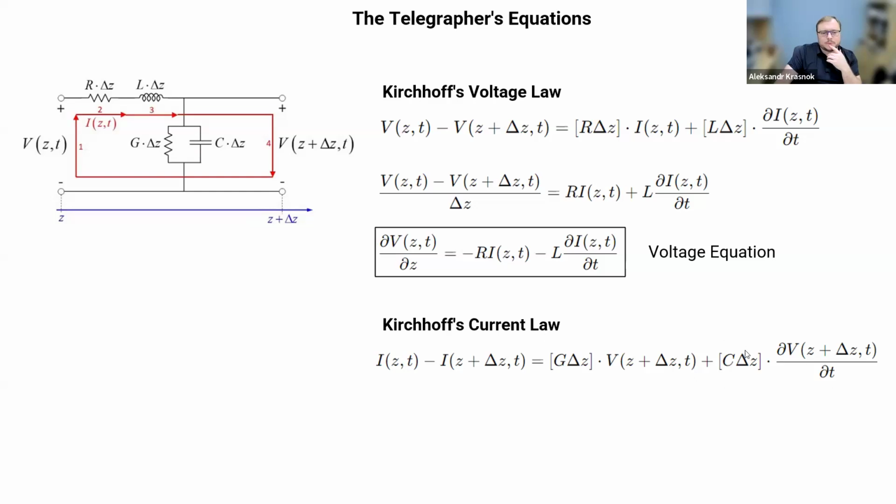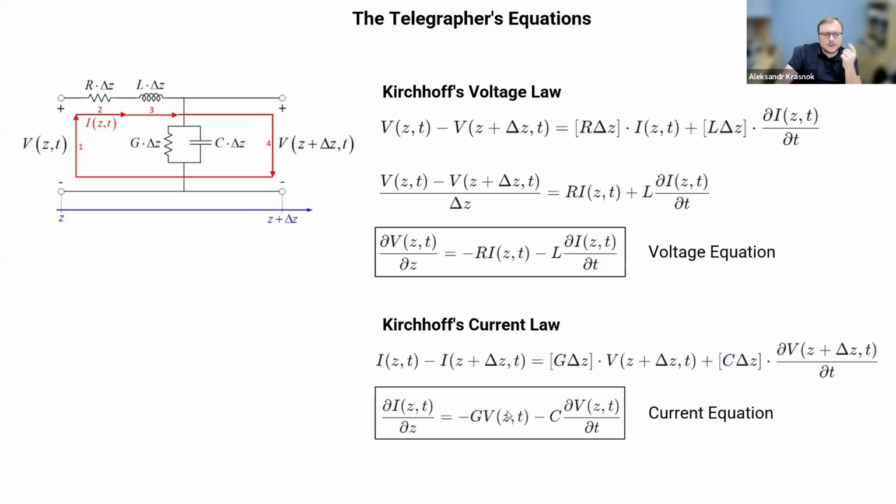So this is the sum of two. Again, I divide by delta z and make this delta z very, very small. So again, I can rewrite this in terms of the partial derivative in z, and this is my current equation.